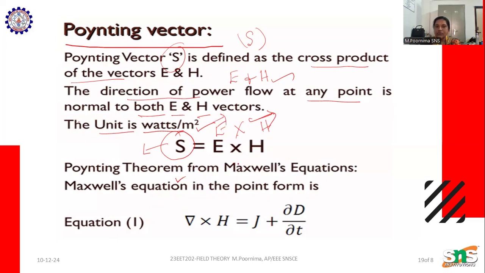Now the Poynting theorem from Maxwell's equations.